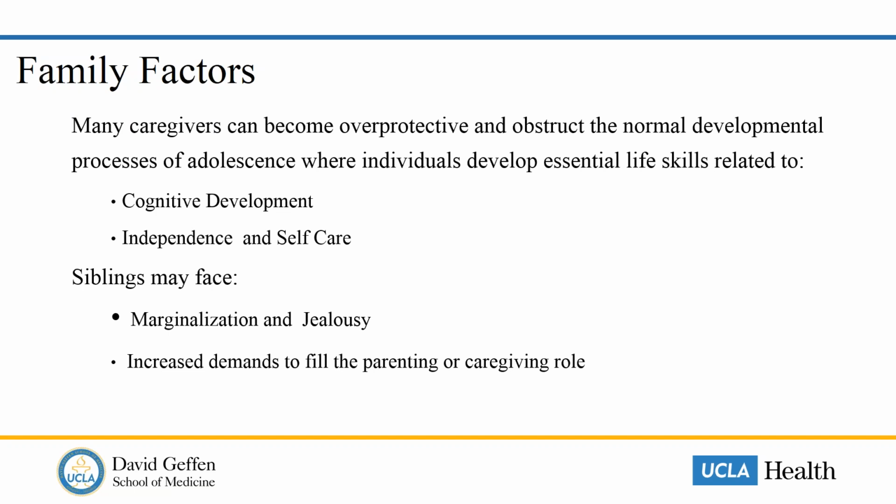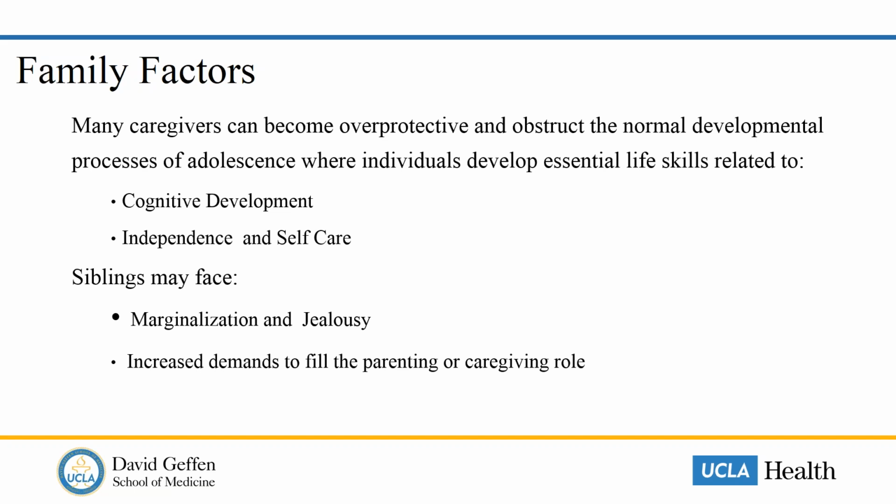The other thing that happens sometimes with chronic illnesses is that parents can change the way that they interact with their child, and it can really change the way that individuals have their normal developmental process of adolescence, of developing independence, of developing life skills that are really fundamental to the long-term process of self-care.